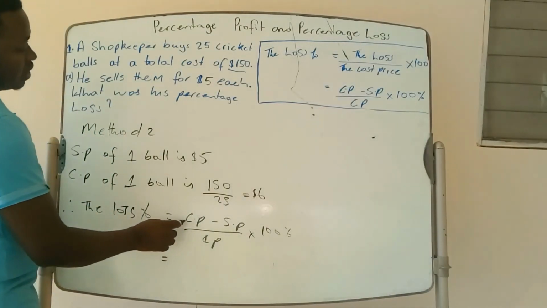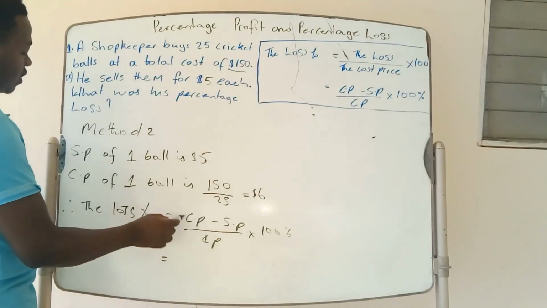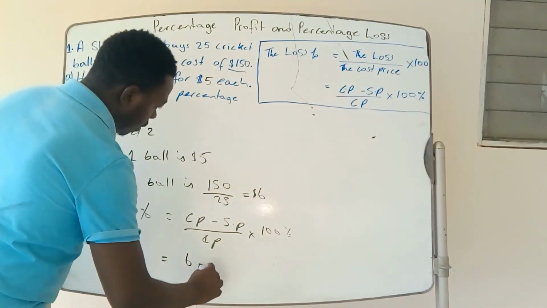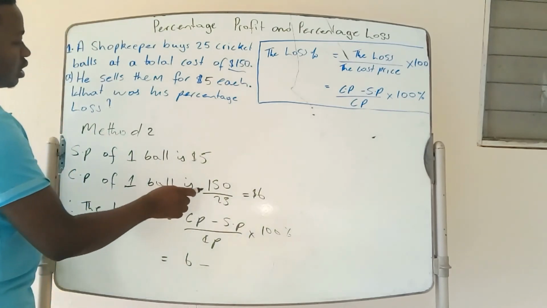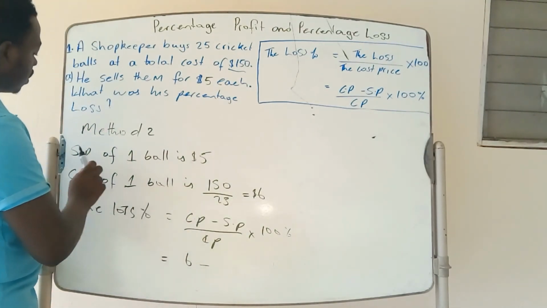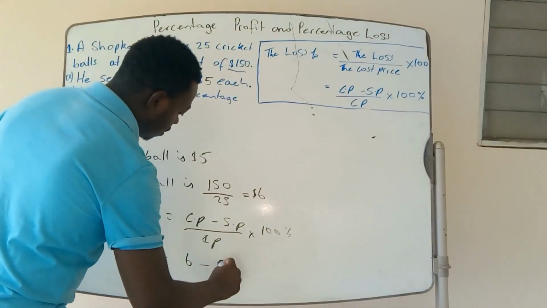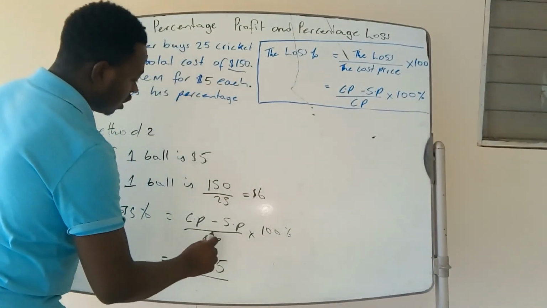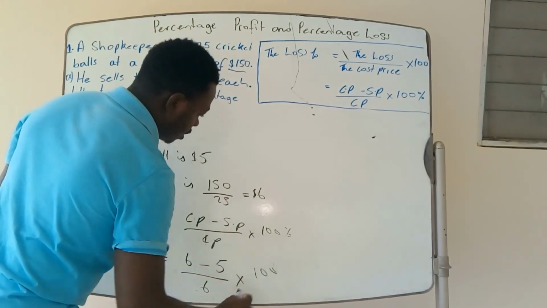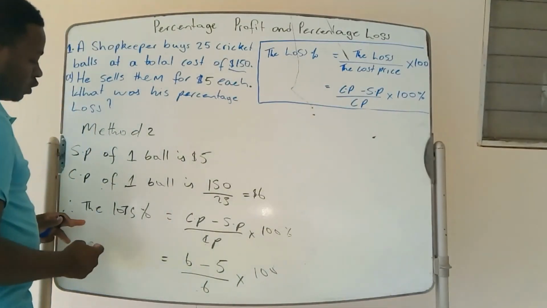So what is the cost price in this case? The cost price in this case is 6, so it's going to be 6 minus the selling price, which is 5, all over the cost price, which is 6, times 100, right?